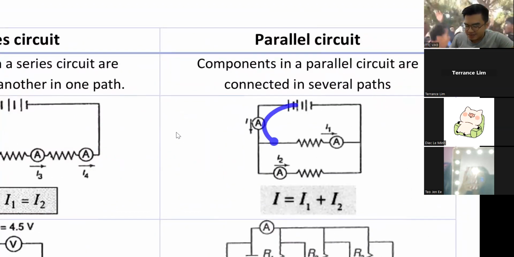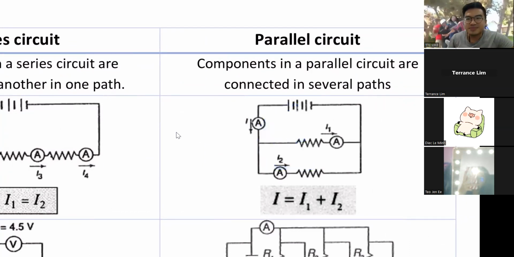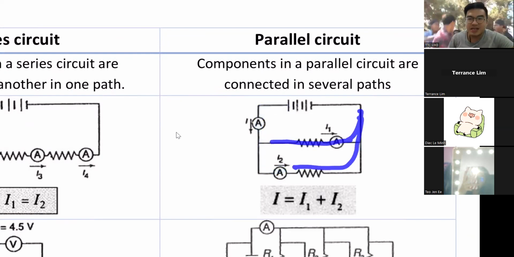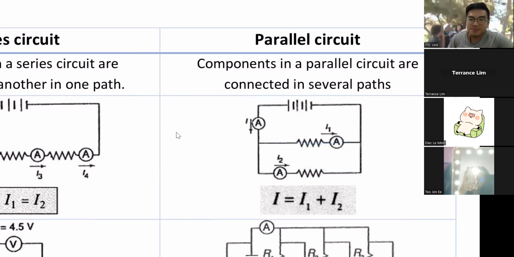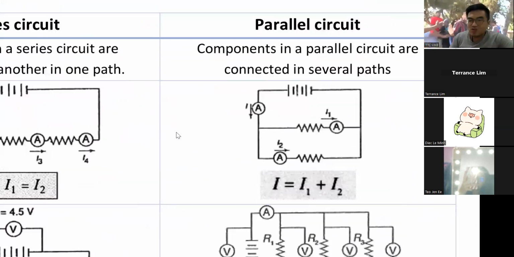Let's say this. This is two rivers. I have a main river, and then the main river decides to split into two. And then the two rivers later join back. Make sense? One river, two rivers.